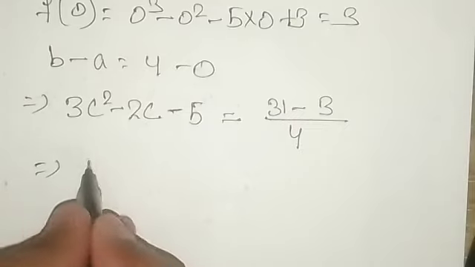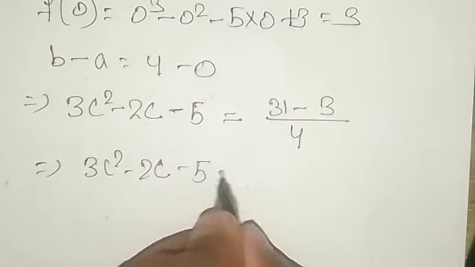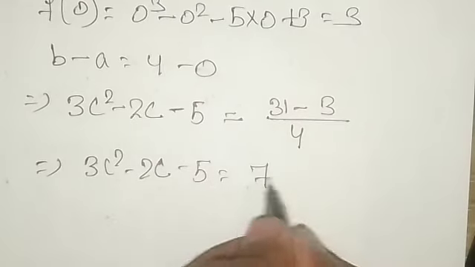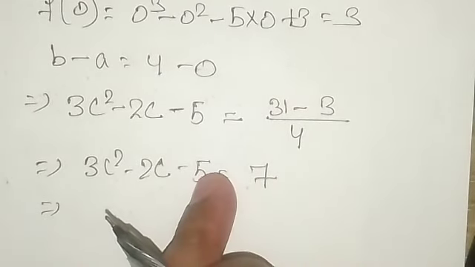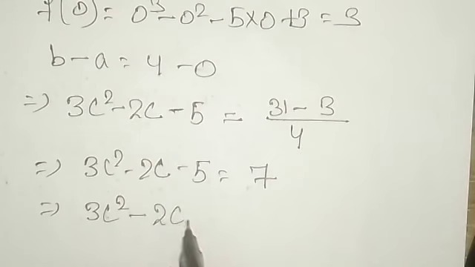So 3c square minus 2c minus 5 is equal to 28 by 4, that is 7. So when we bring it to this side, it will be minus 7, minus 7 minus 5 is minus 12. So this will be the quadratic equation, 3c square minus 2c minus 12 is equal to 0.